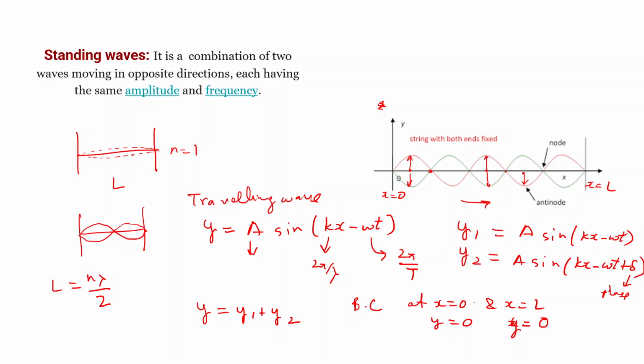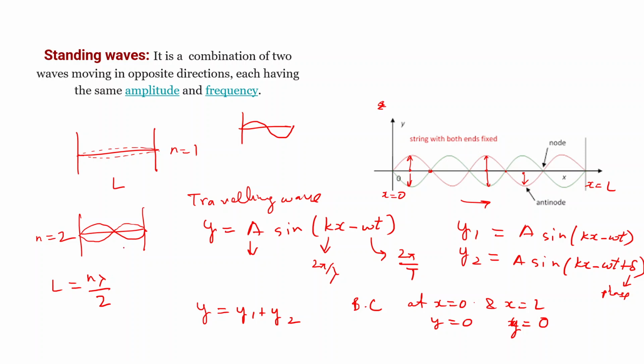For n is equal to 1, this is half the wavelength. You can see, if we call this 1 wavelength, then we can clearly see this is half wavelength. If you put n is equal to 1 here, L will be equal to lambda by 2, that is half wavelength. And for n is equal to 2, you put 2, then the 2 will cancel, and this length will be equal to 1 wavelength.